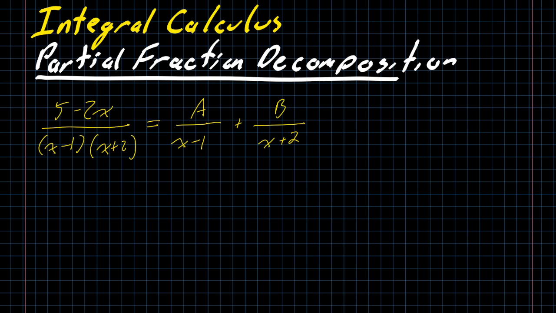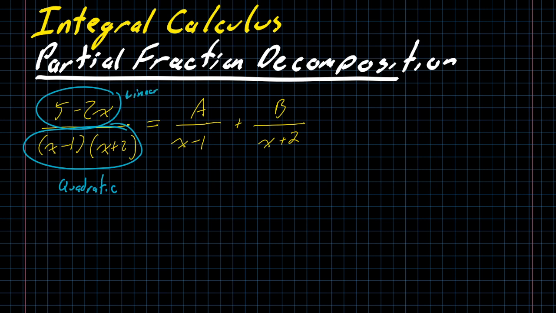In this case, our denominators are both linear, so the numerators have to be simpler than that, and they're going to be constants. I just realized I've gotten a little bit ahead of myself. Even though this is factored, you should notice that in the original fraction, the denominator is quadratic, while the numerator is linear.